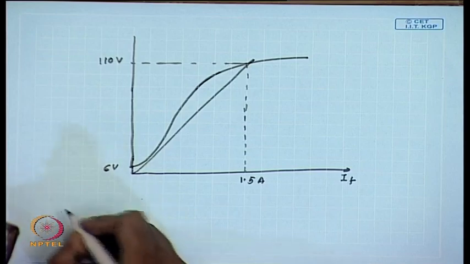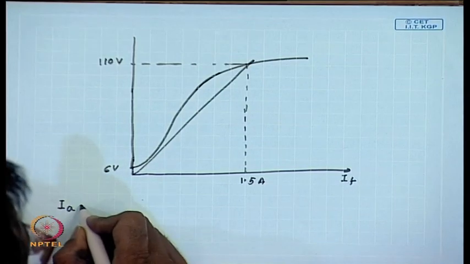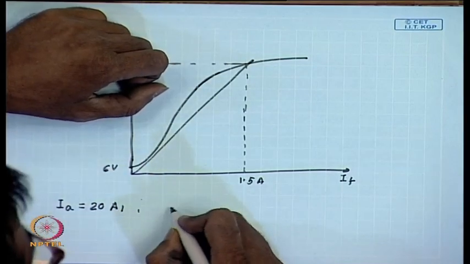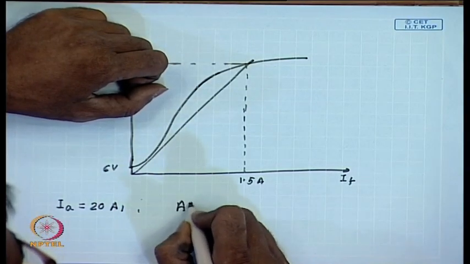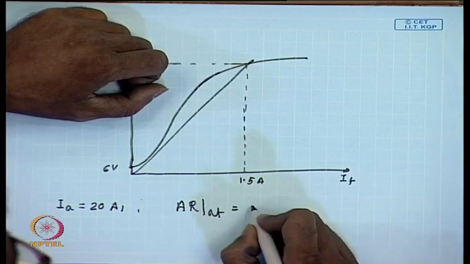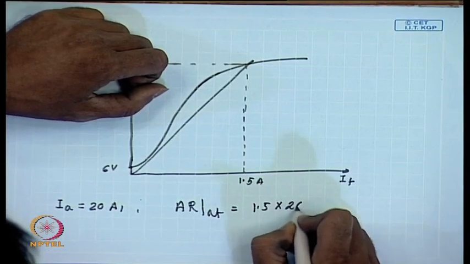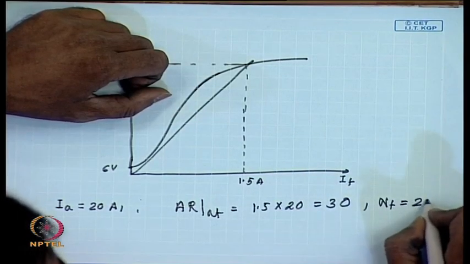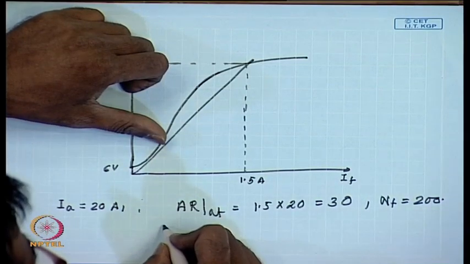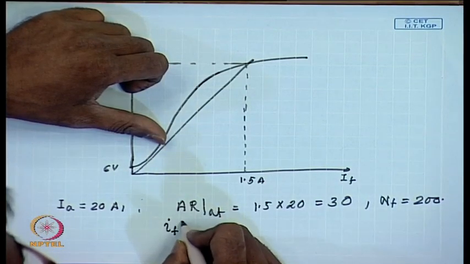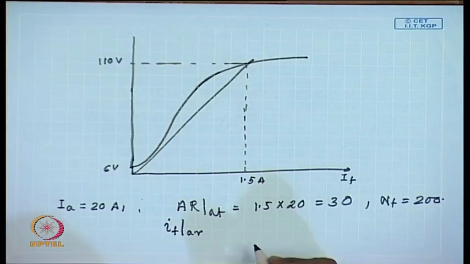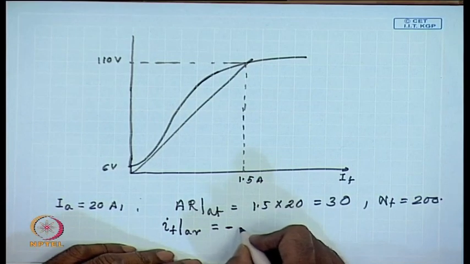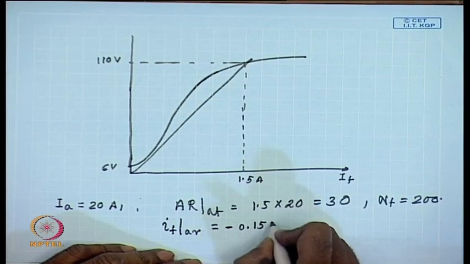Now, for again IA equal to 20 amperes, we know the AR ampere turns equal to 1.5 into 20, that is 30, NF equal to 200, therefore, IF demagnetizing ampere turns in equivalent field amperes equal to minus 0.15 ampere.